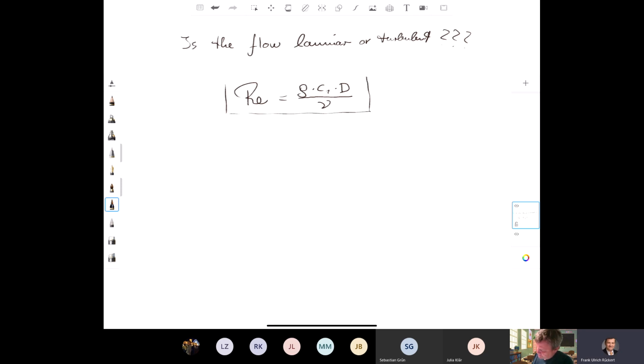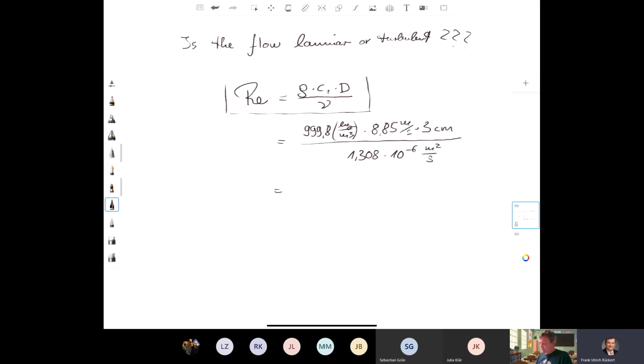And then you can calculate density, cubic centimeter by, okay.